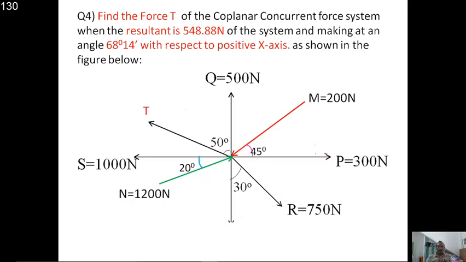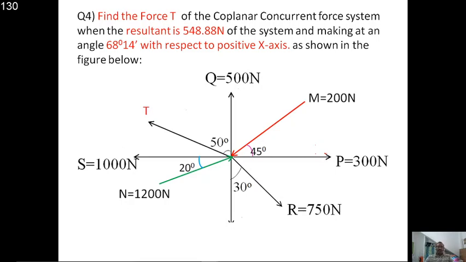Here we have two equations: R is equal to square root of sigma f of x square plus sigma f of y square, and the second equation is theta is equal to tan inverse sigma f of y by sigma f of x, right? By using either of these equations you can get the value.